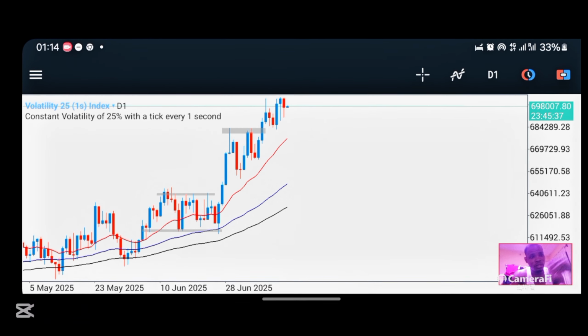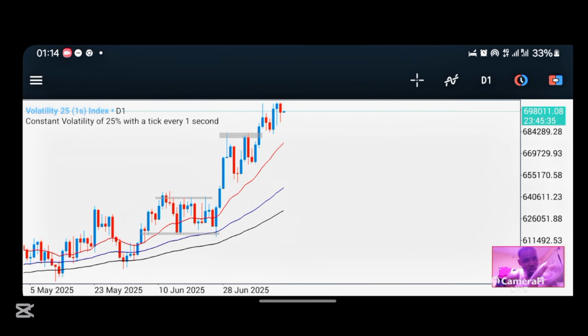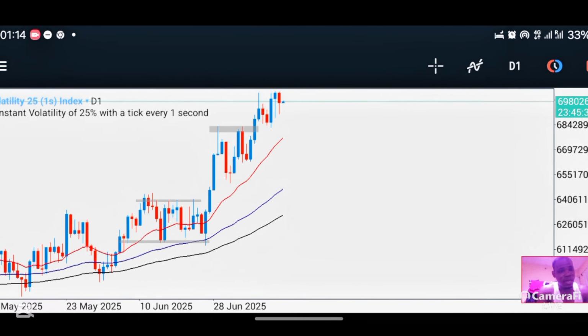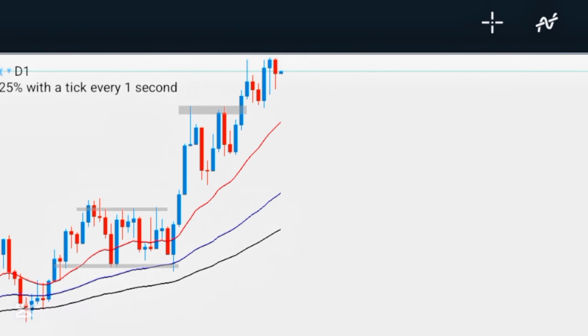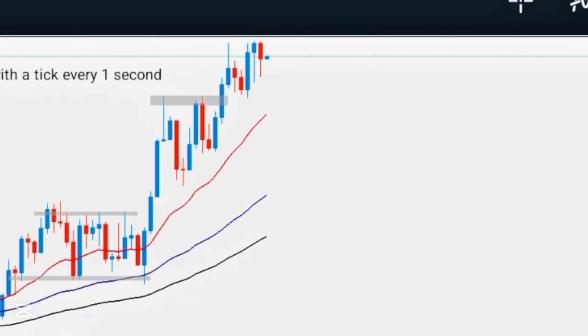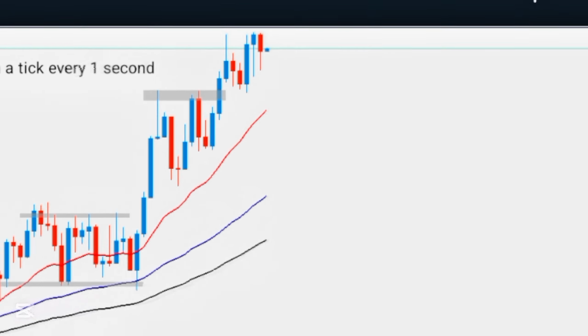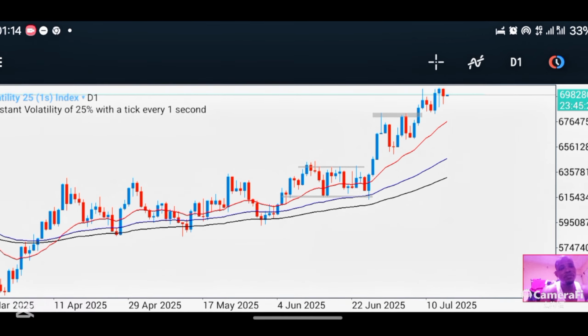Technical analysis is just to analyze the time frame from the higher time frame to the lower time frame.